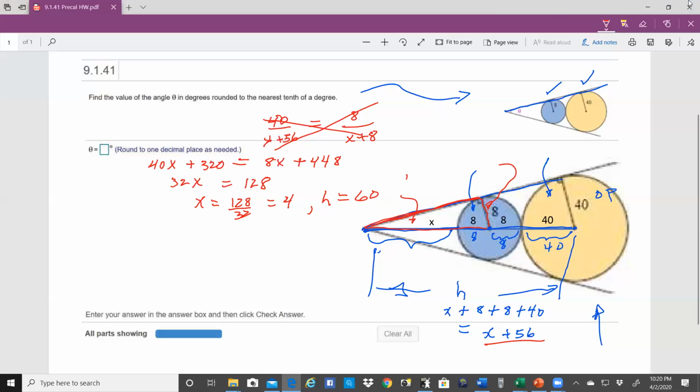And now notice that the angle here is theta over 2. We're trying to find this bigger angle, but the way we have split it in two, this angle there is theta over 2.